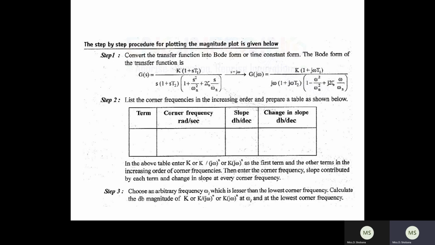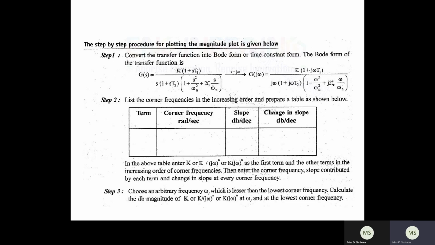Now, how to write the change in slope: the first term doesn't have any change in slope, therefore put a dash. The second term's change in slope will be obtained as the addition of the slope from the first term and the second term. The first term is minus 20, the second term is plus 20. So minus 20 plus 20, the resultant is 0. Take that resultant value and go to the next term.